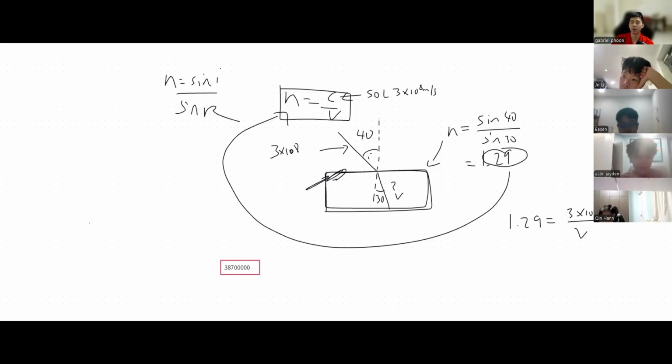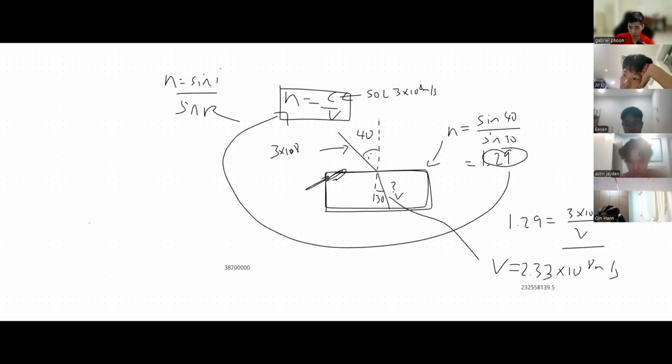How can the speed of light in the medium be faster than the speed of light here? This should be the answer, which should always be changed to standard form. Your V is going to be 2.33 times 10 to the power of 8 meters per second, which means the light is traveling at 2.33 times 10 to the power of 8 meters per second.